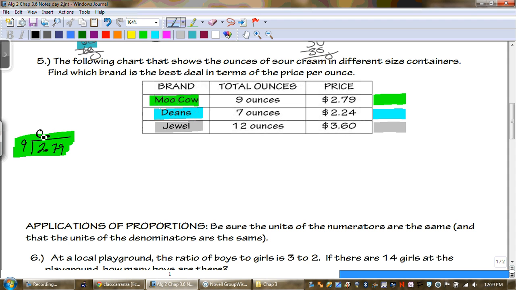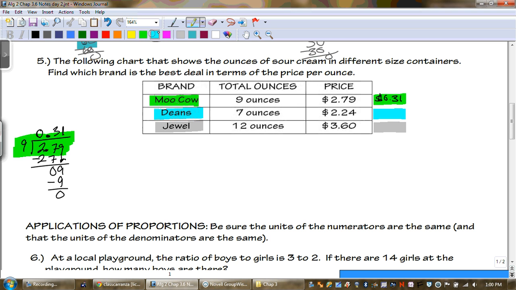No. But does 9 go into 27? It does. It goes into 27 3 times. 3 times 9 is 27. That turns into a 0. Drop the 9. Does 9 go into 9? Yep, it goes in exactly 1 time. So Moo Cow is 31 cents.